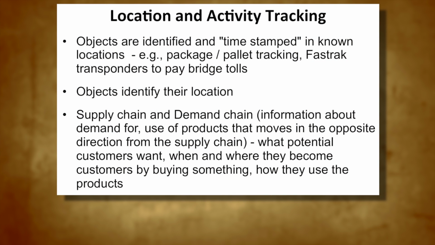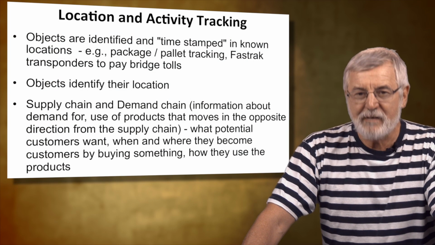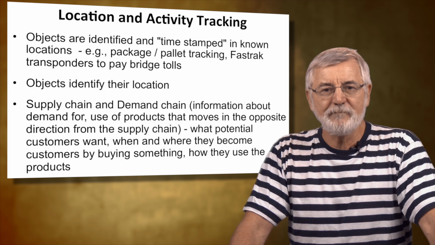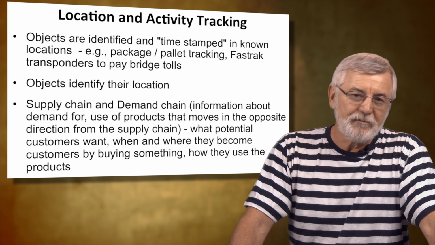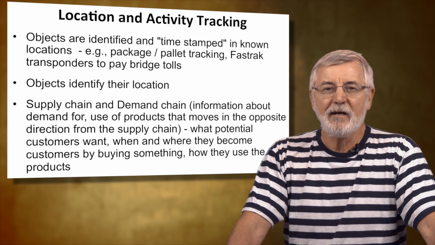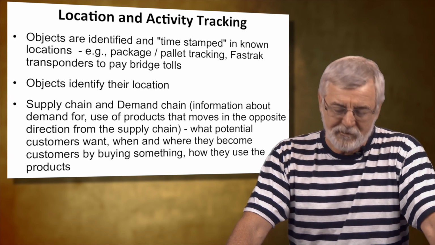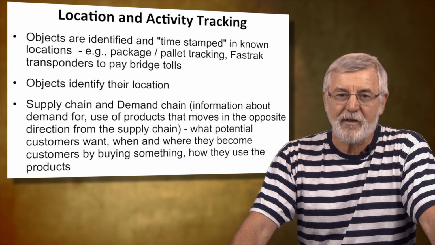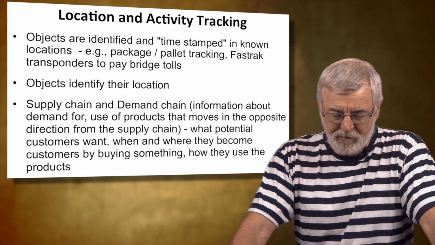Another way to make a service smart, based on context, is to track location and activity. So if we identify an object in some location, we could use that information, say, to pay for a toll at a bridge. You may have a transponder in your car or your folks' car that you use when you cross the bridges to pay the bridge tolls.